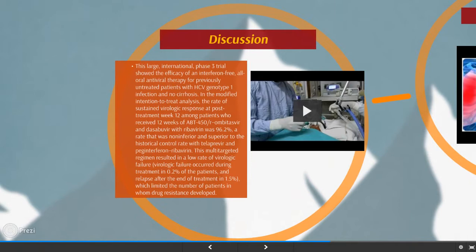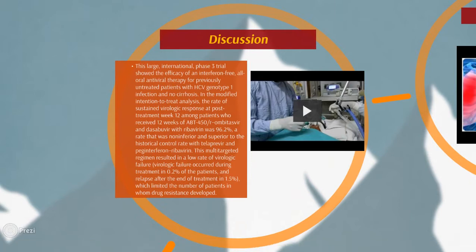Discussion. This large international phase 3 trial showed the efficacy of an intervention-free, all-oral antiviral therapy for previously untreated patients with HCV genotype 1 infection and no cirrhosis.